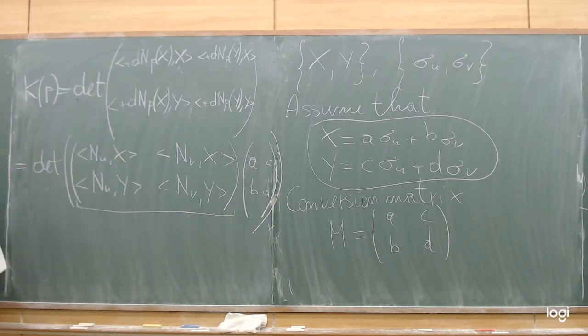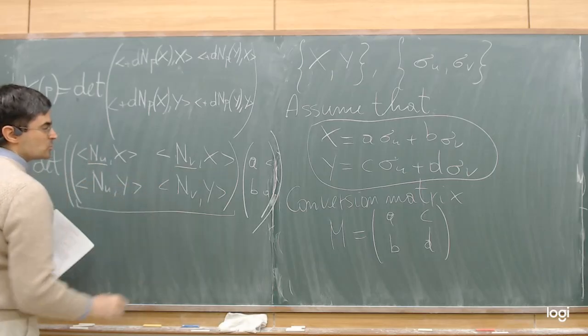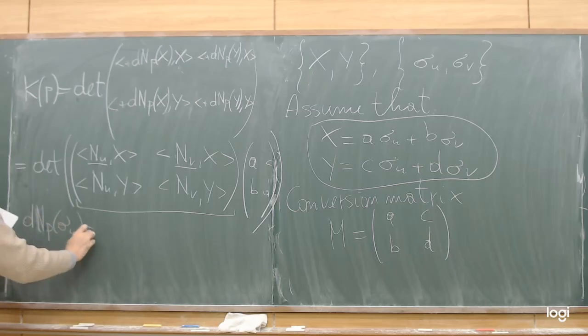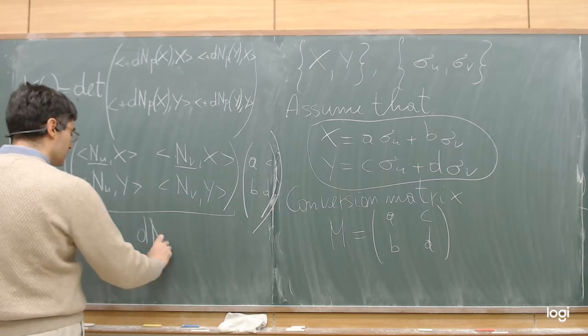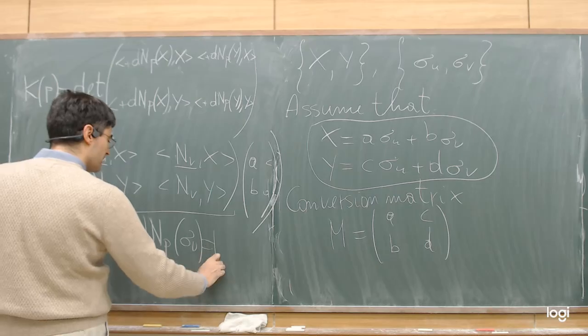The reason why at some point N_u and N_v show up is that dN_P of sigma_u is N_u and dN_P of sigma_v is N_v.